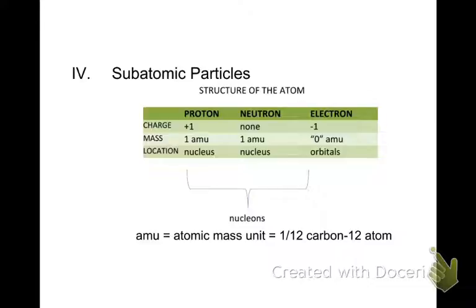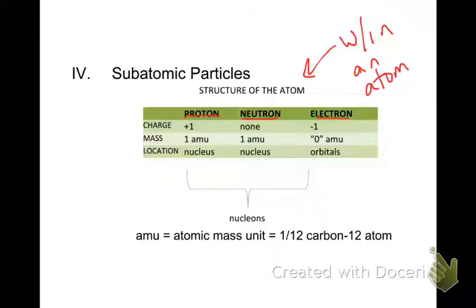So we've got our subatomic particles. Again, they're the structures that exist within an atom. And we've got our protons, our neutrons, and our electrons. Our protons, as we know, have a charge of +1. Protons are positive.